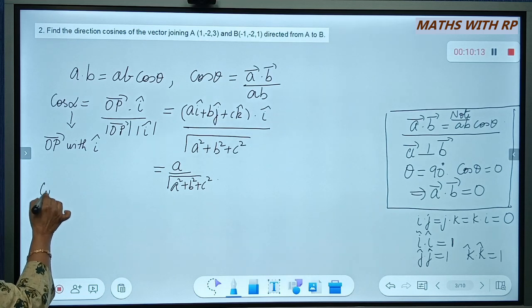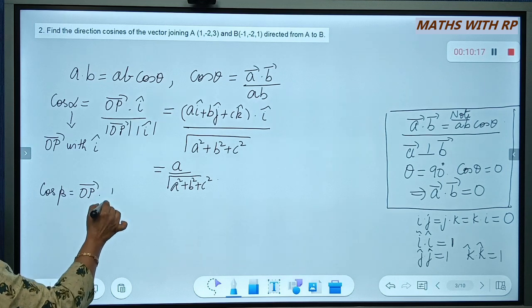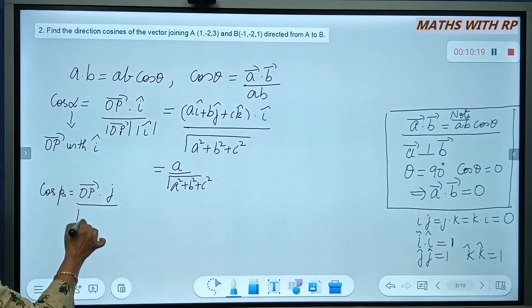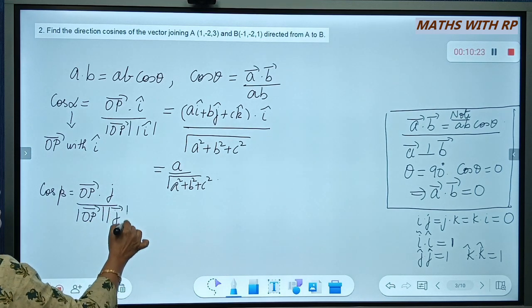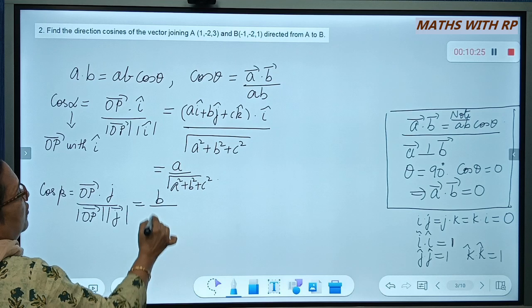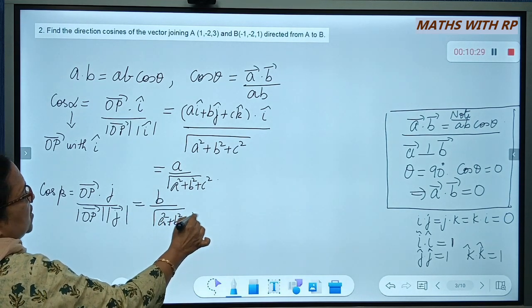Similarly, cos beta will be OP vector dot j vector by modulus of OP vector into modulus of j vector, which will be b by root of a square plus b square plus c square.